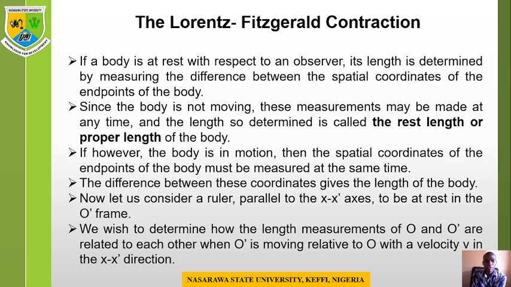So we wish to determine how the length measurements of 0 and 0 prime are related to each other when 0 prime is moving relative to 0 with the velocity v in the x, x prime direction.